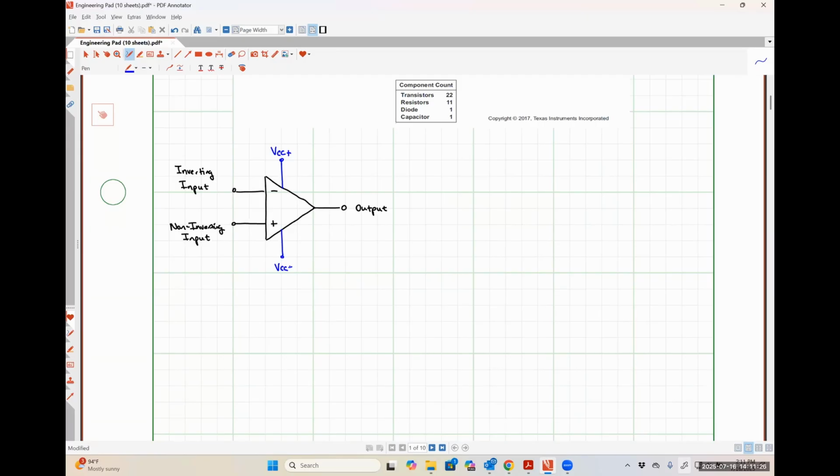Some op amps might require plus and minus 18 volts. There are some op amps that are designed for single supplies, which means VCC minus is always just tied to ground or zero. Not particularly important. And these power supply pins are not going to have any impact whatsoever on the analysis that we do.